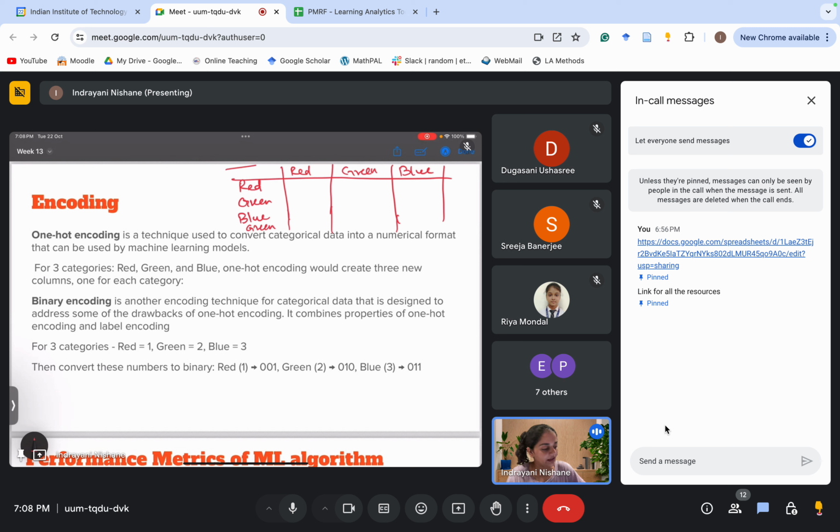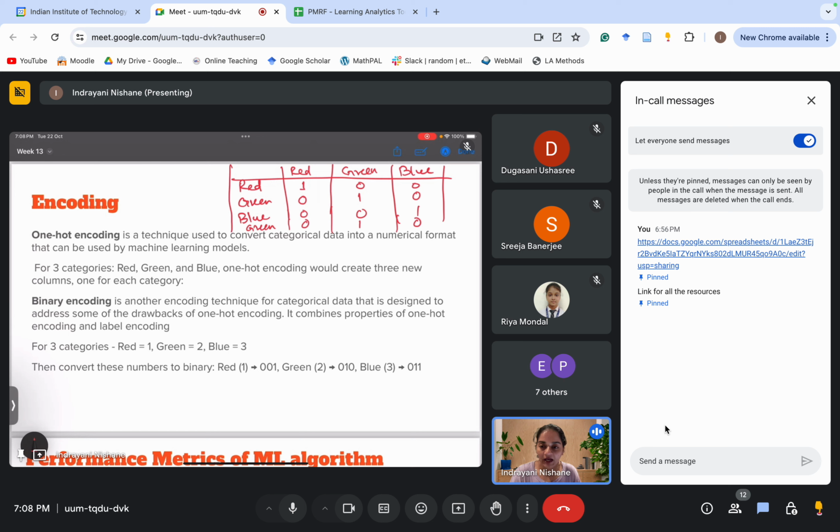Either it could be red, or green, or blue. For red, this value will be 1, and the other columns 0, 0. For green, this column will be 0, this will be 1, 0. For blue, this will be 0, 0 and 1. Again green, so the red value will be 0, green value will be 1 and blue value will be 0, and so on. This is how we do one hot encoding for this variable.